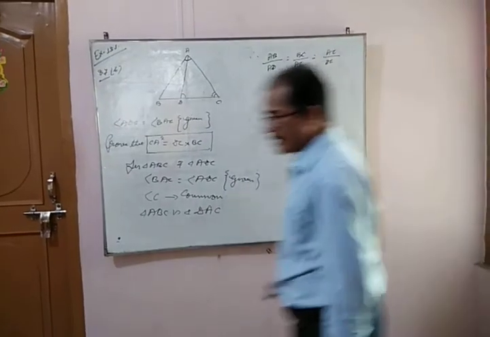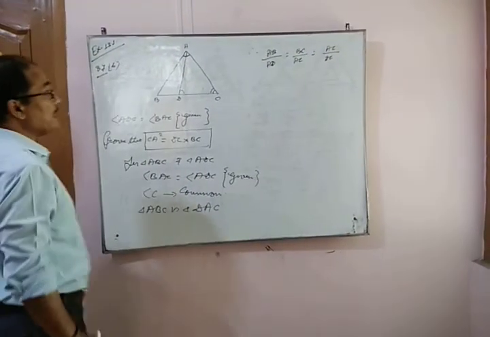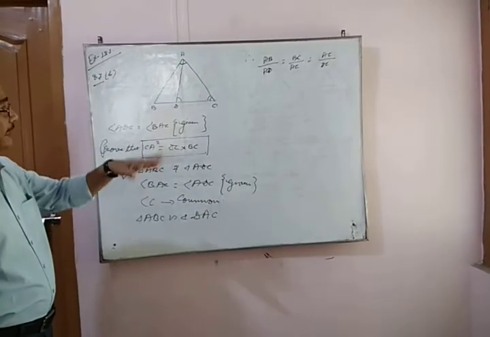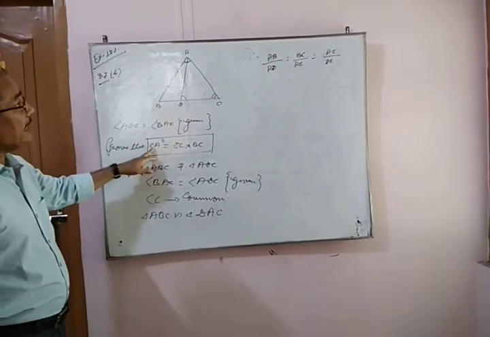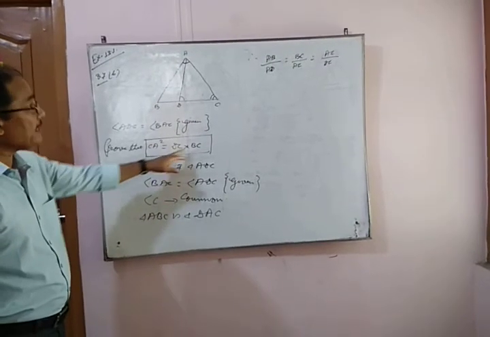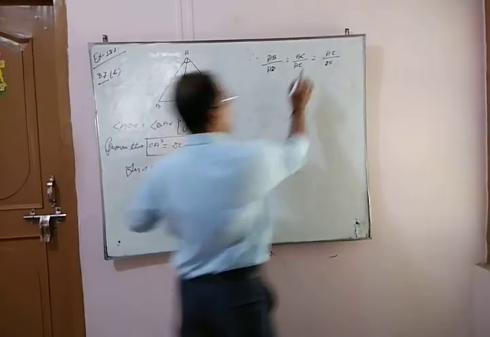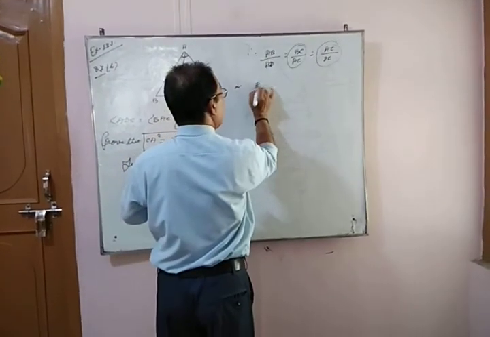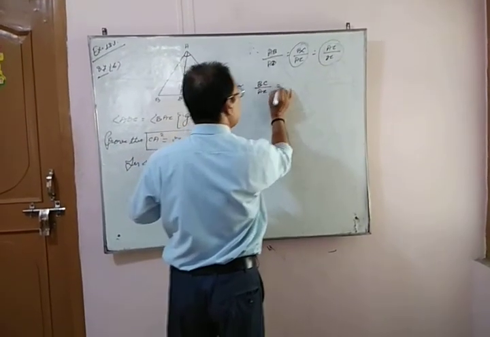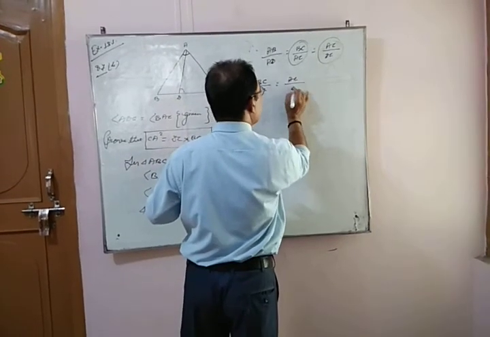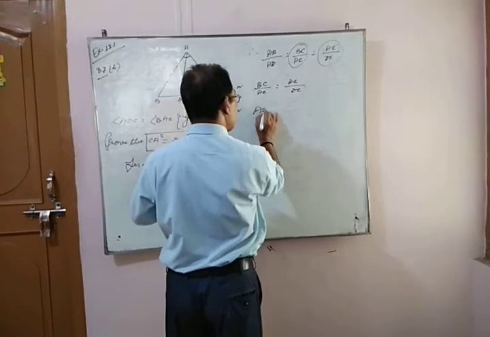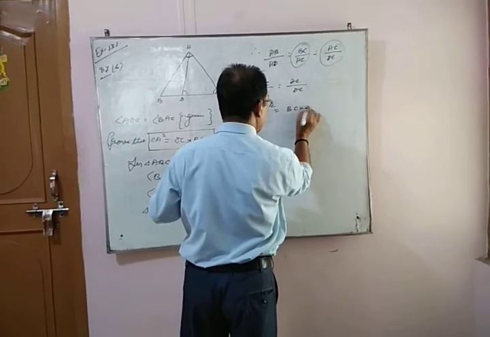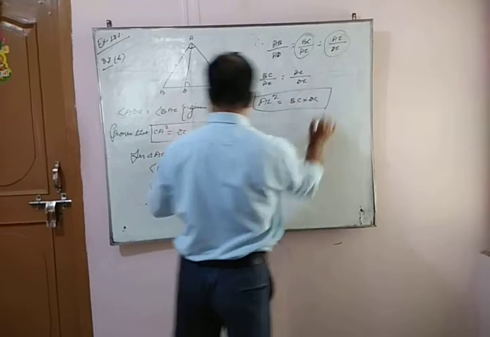These are the ratios of their corresponding sides of the triangle. Now according to requirement, we will take the ratios. We need CA square equal to DC into BC, so take BC by AC equal to AC by DC, and do cross multiplication: AC square equal to BC into DC. This is your required answer.